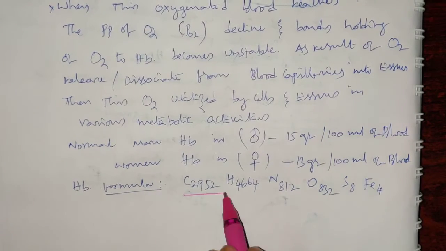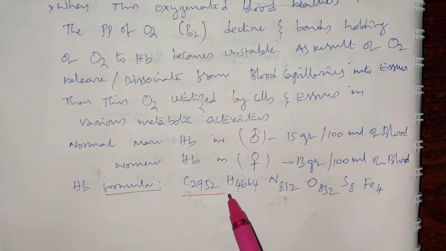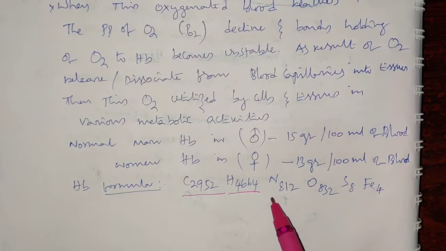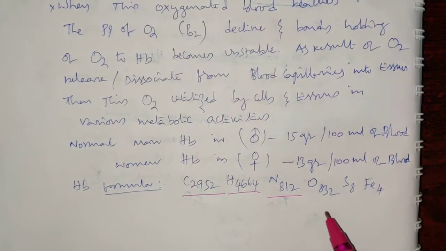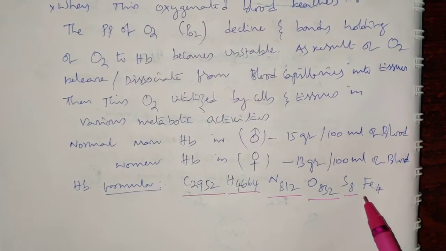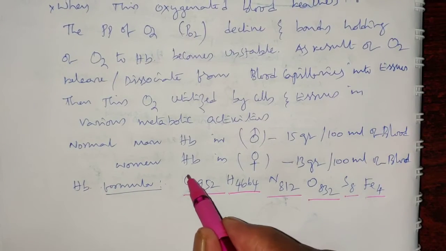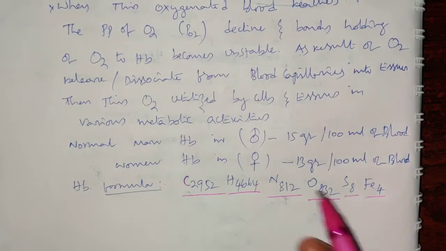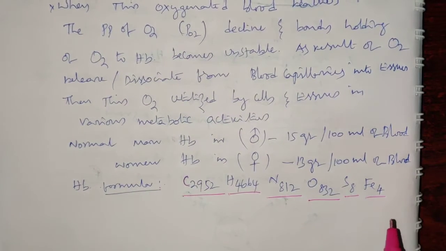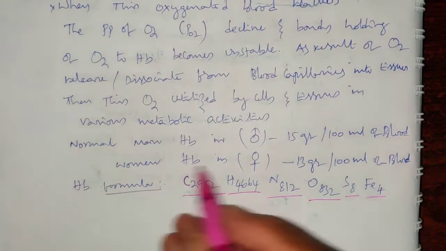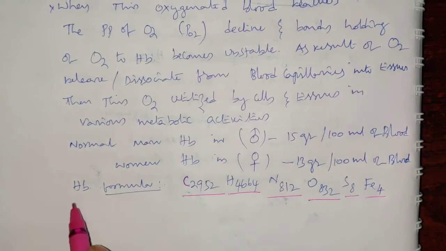That means carbon 2952, hydrogen 4664, nitrogen 812, oxygen 832, sulfur 8, iron 4. So this is the molecular formula of hemoglobin.